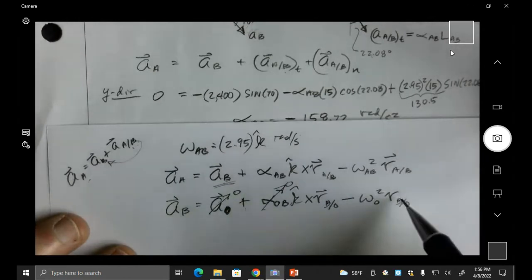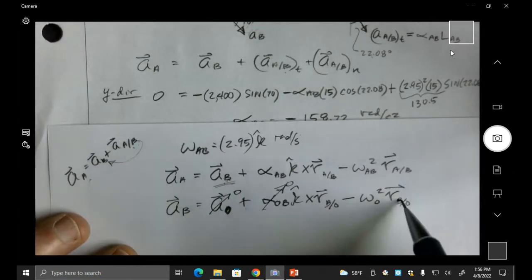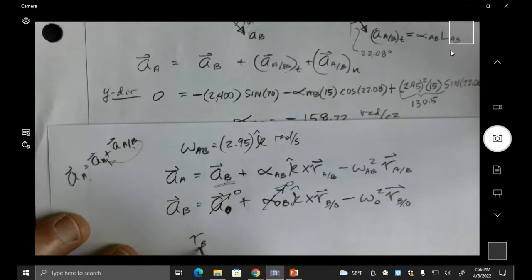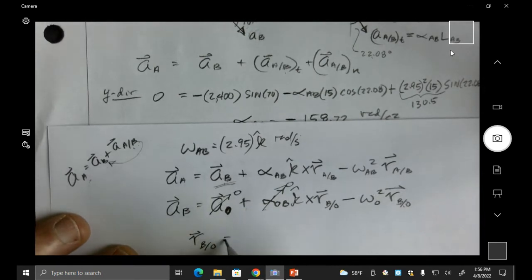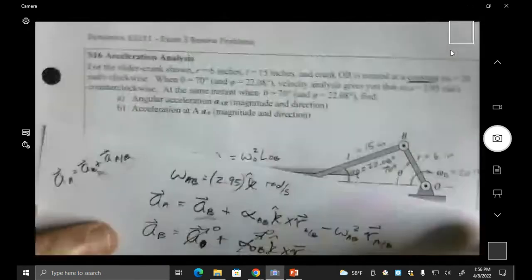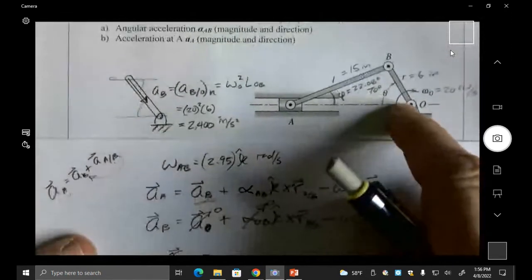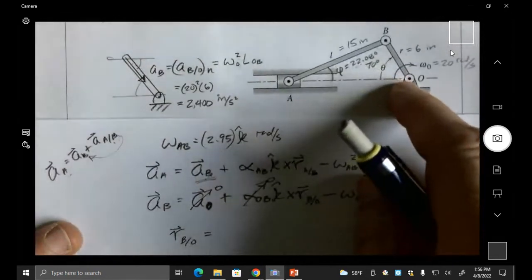So amongst the things we need is that vector right there, R, B with respect to O. It's going to be in the negative x direction, right?